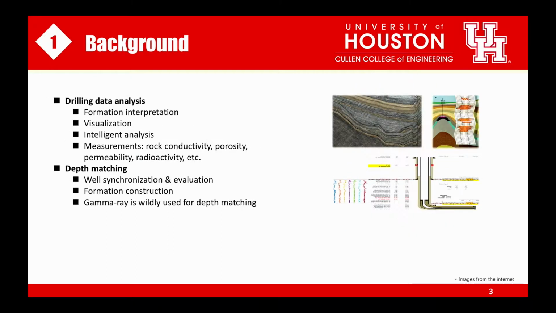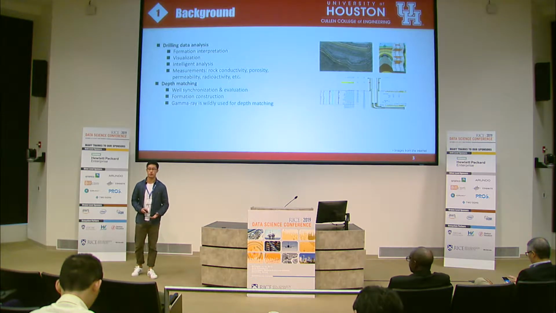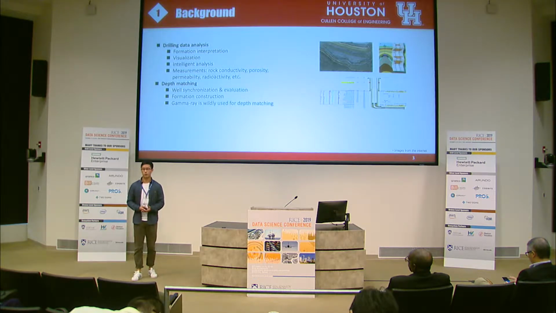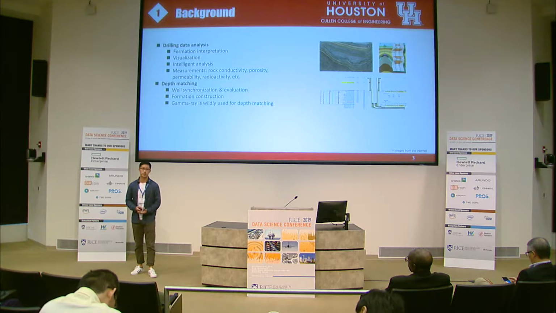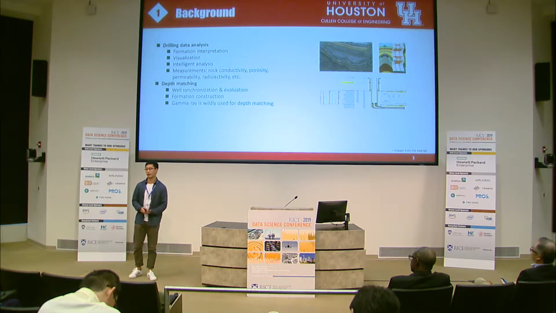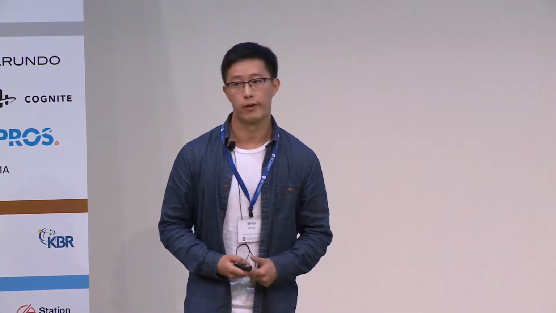As a function of depth, there are a lot of measurements that can be used to support depth matching and formation interpretation. Just by probing the physical properties around the borehole, we can get the rock conductivities, radioactivities, the porosity, and the permeability, etc. Among these, the gamma ray log is widely used for depth matching or correlation, since it is a good indicator of the natural radioactivity.